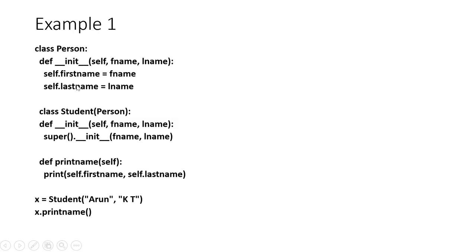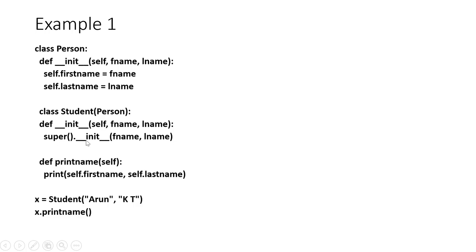Here the first name and last name are initialized. Next I am creating a child class called student. Here I have mentioned the base class name as person, so whatever properties are defined in person can be used in student. In the student I am printing the value.